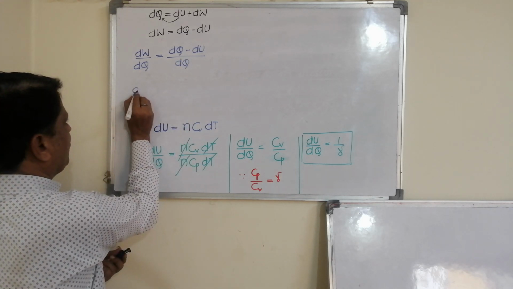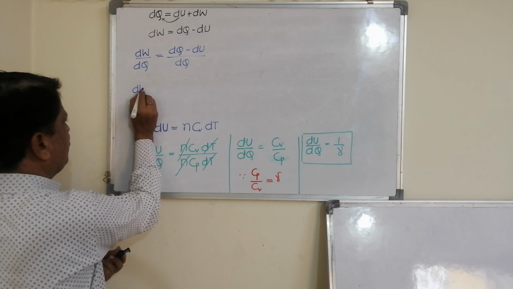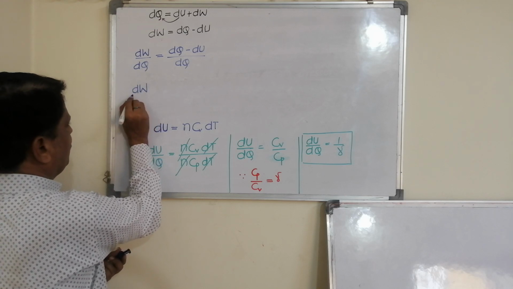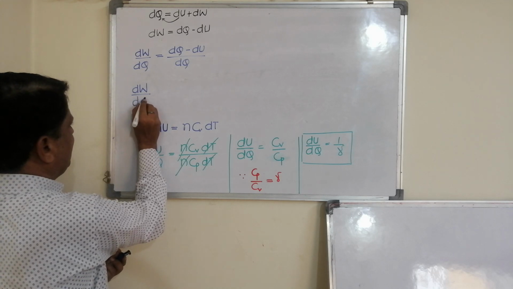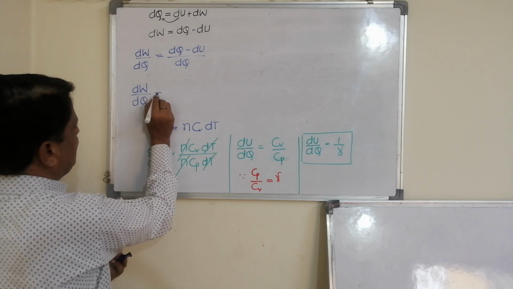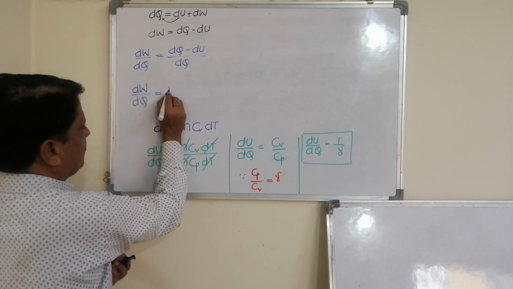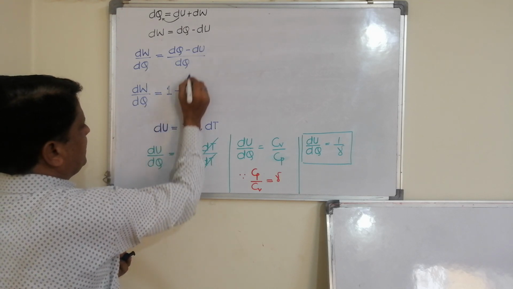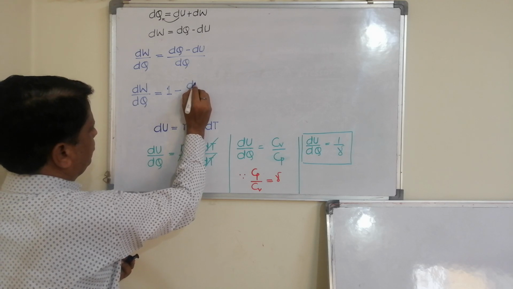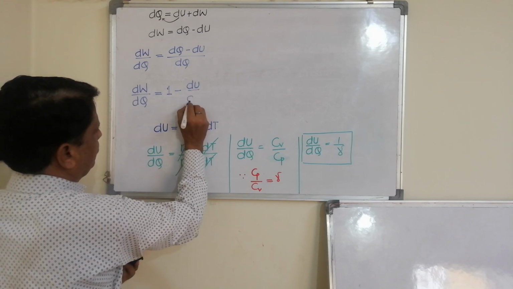Or dW divided by dQ is equal to, after simplification, dQ by dQ is 1, minus dU by dQ, right?